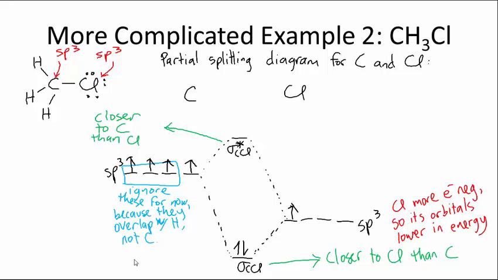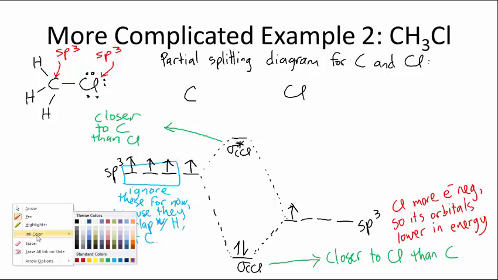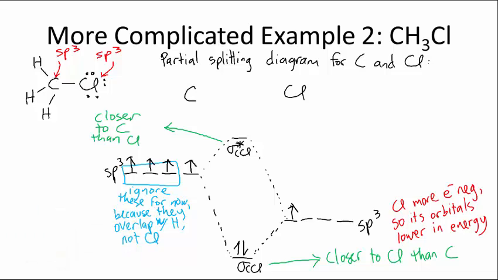I outlined in blue these 3 other sp3 orbitals from carbon that I said overlap with hydrogen, not chlorine. What about the other 3 orbitals on chlorine? What do they overlap with? Nothing. So what happens to their energy? It stays.